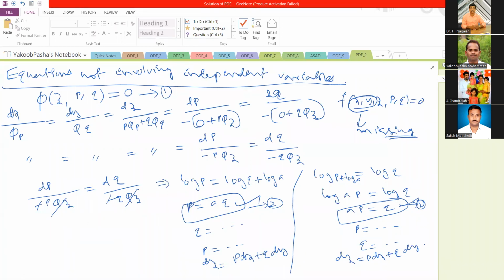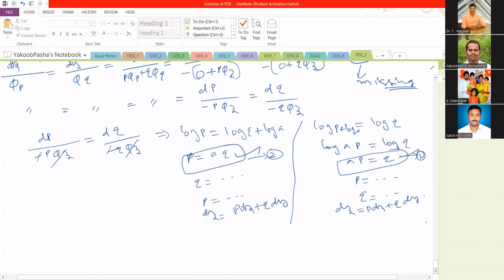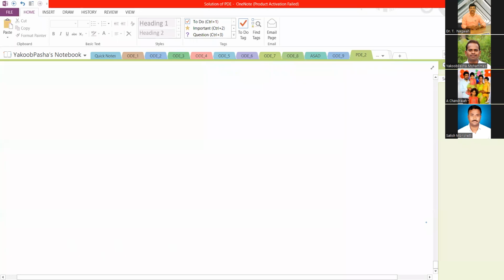First I am taking the solution of non-linear PDE: z equal to p square minus q square is.